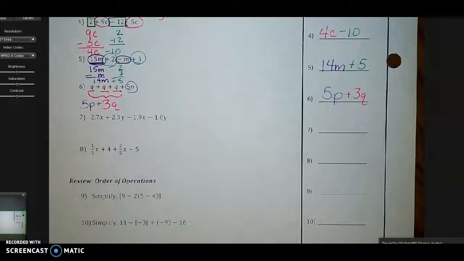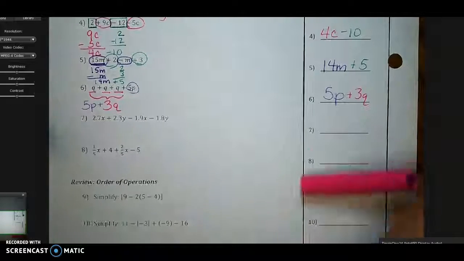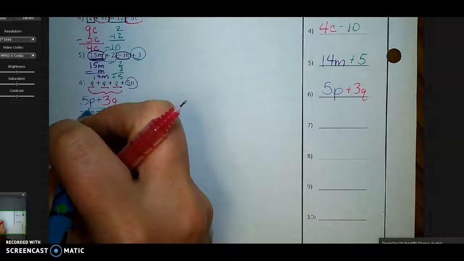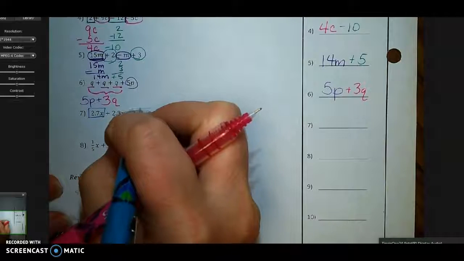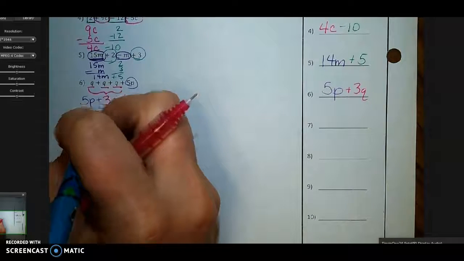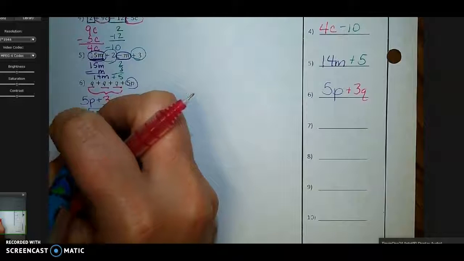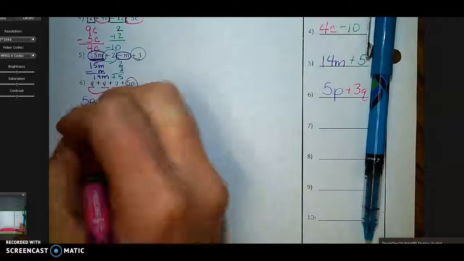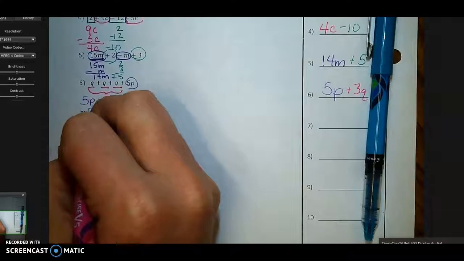This next one has some decimals, but you're going to be okay, I promise. So I've got 2.7 or 2 and 7/10 x's and 1 and 9/10 negative x's there. So 2.7 minus 1.9, remember we line those up. We're going to need to borrow.